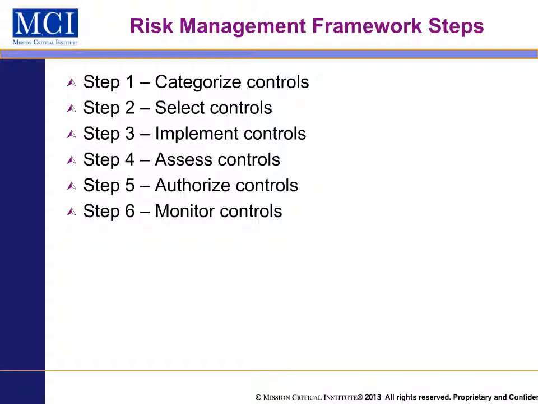Then finally, step 6 is to monitor the security controls in the information system on an ongoing basis, including assessing control effectiveness, documenting changes to the system or the environment of operation, conducting security impact analysis of the associated changes, and reporting the state of the security system to the designated organizational officials.